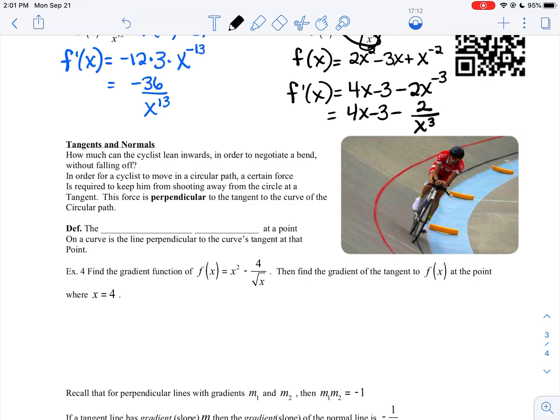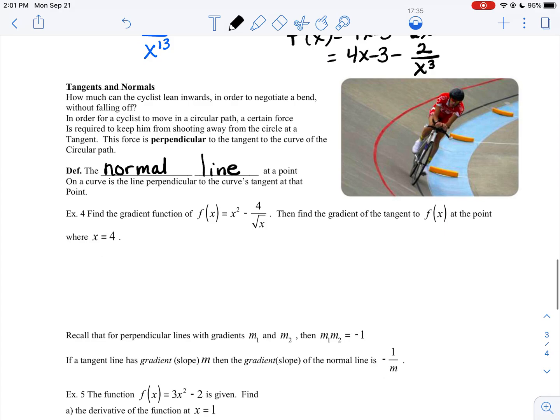So we have a definition: the normal line at a point on a curve is perpendicular to the curve's tangent at that point. A lot of times I just think the normal line is really the perpendicular line, okay? So the normal line is just the perpendicular line.